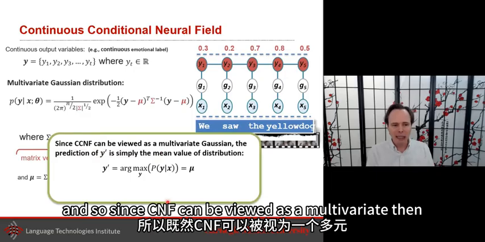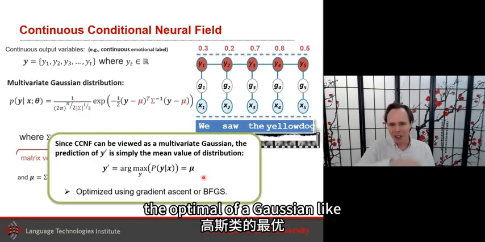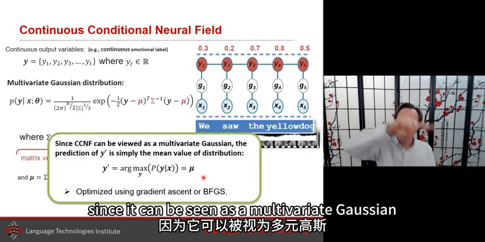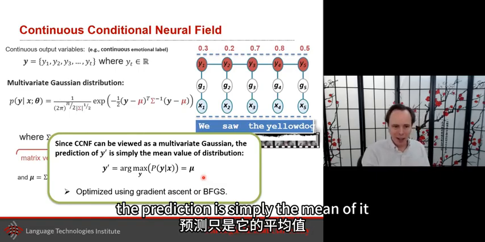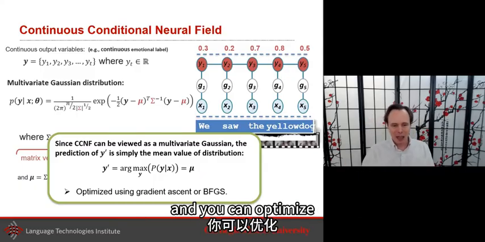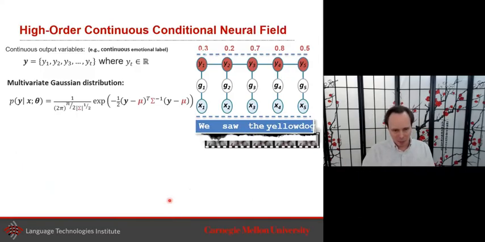And since the CRF can be seen as a multivariate Gaussian, what's the optimal of a Gaussian distribution? The prediction is simply the mean of it, and you can optimize.